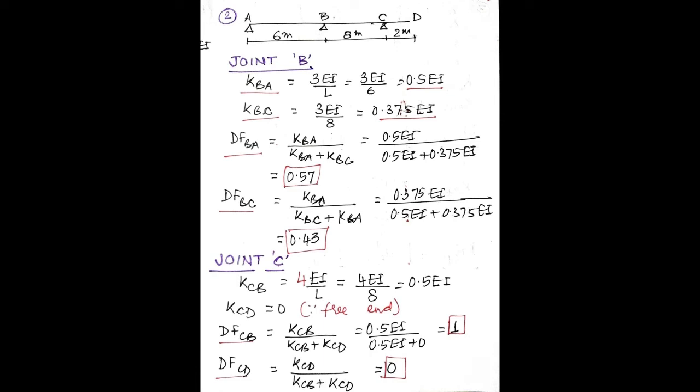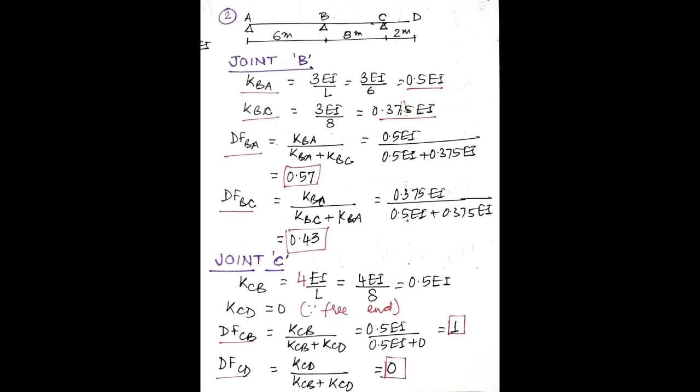So here the CB part will act as a fixed end because support A was there. When we consider the BA member, at the left hand side of A there is no more support. A was the extreme left support, correct? So in that case it is simply supported and we take 3 EI by L.